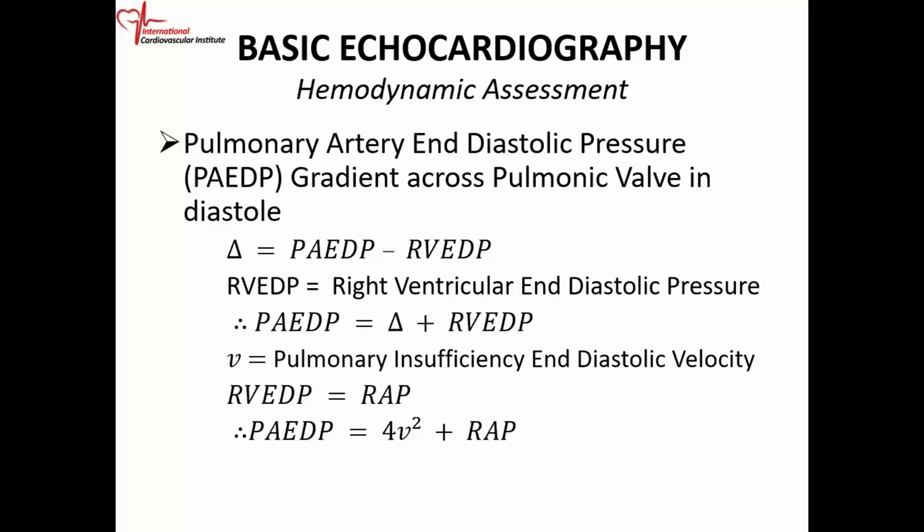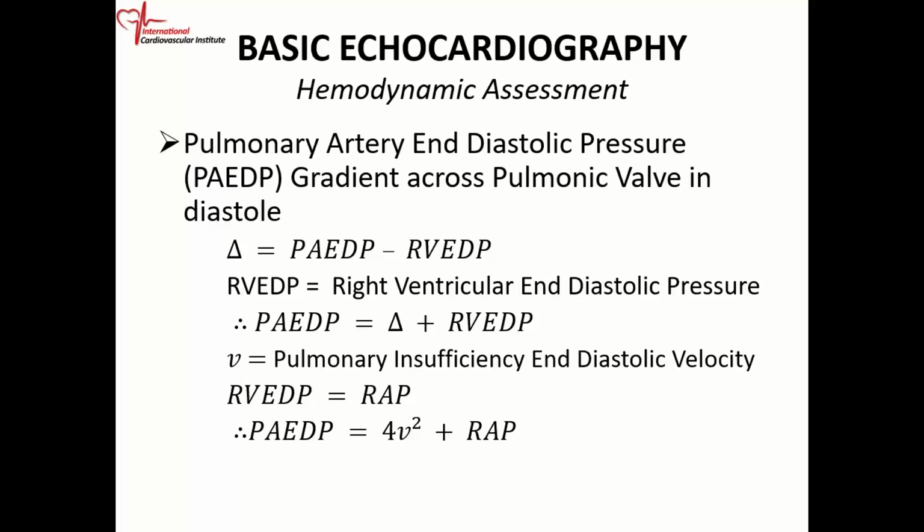So when you have pulmonary insufficiency or pulmonary regurgitation, blood is going to flow from the pulmonary trunk across the pulmonary valve into the right ventricular outflow tract, or into the right ventricle.